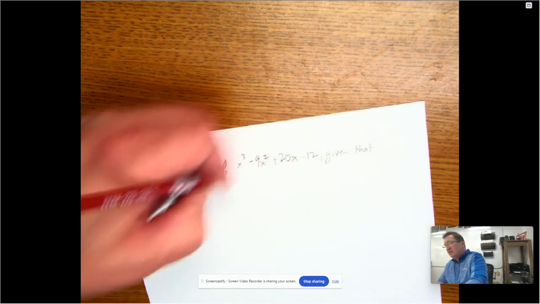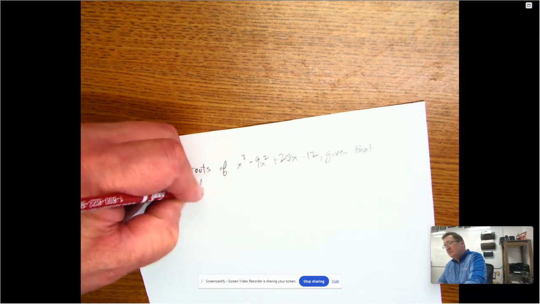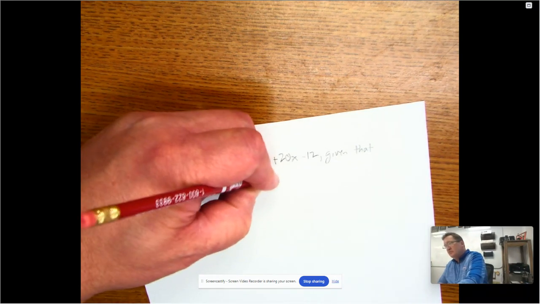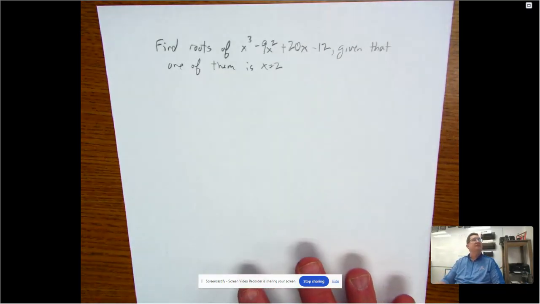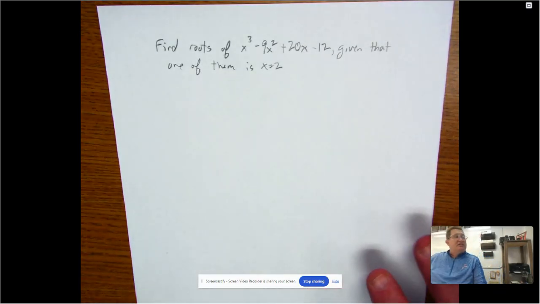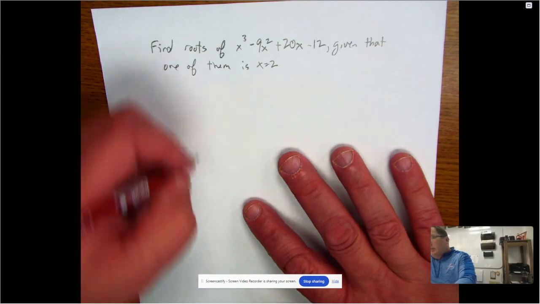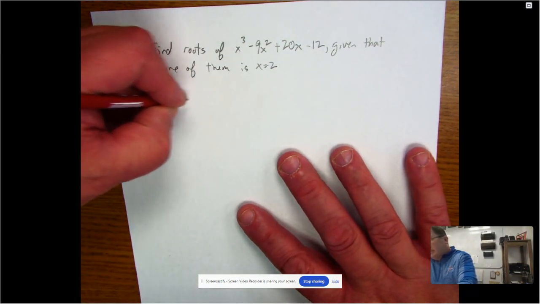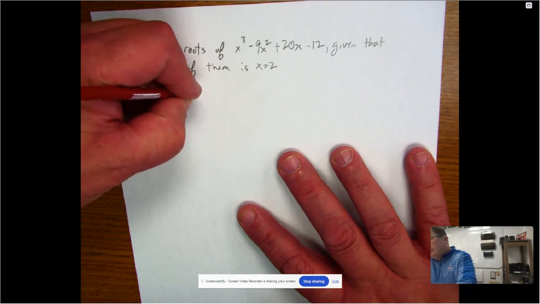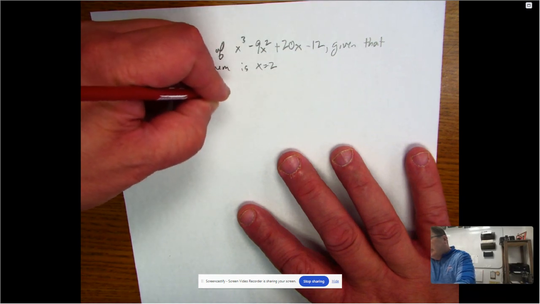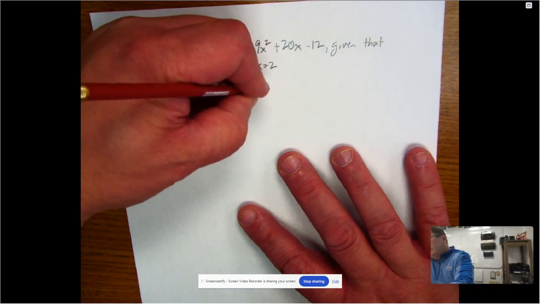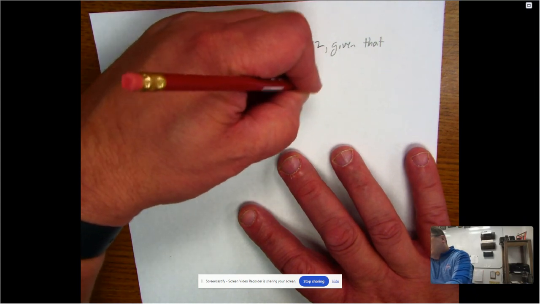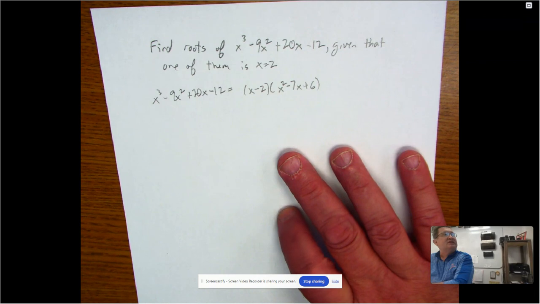Given that one of the roots is x equals 2. Okay. Now, we just did the division. And so we learned that x cubed minus 9x squared plus 20x minus 12 is equal to x minus 2 times that quotient, which was x squared minus 7x plus 6.